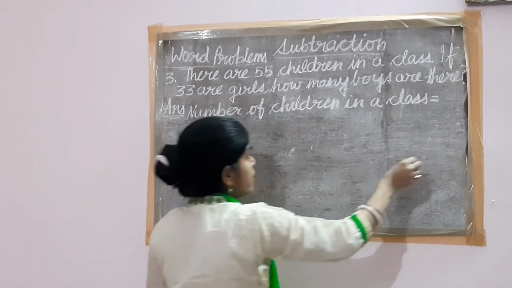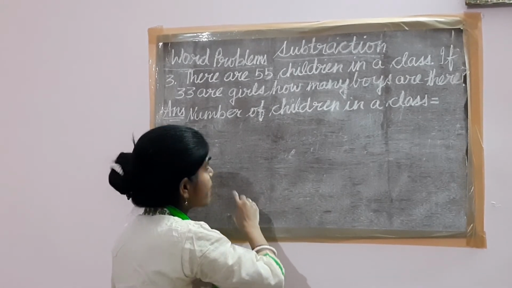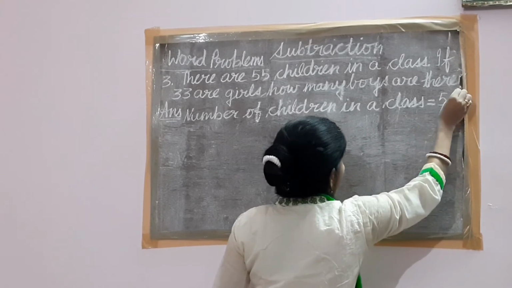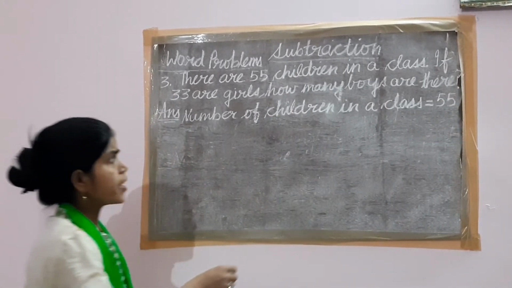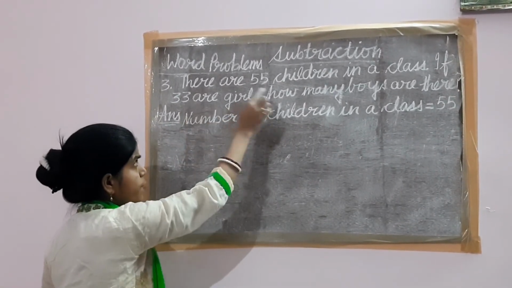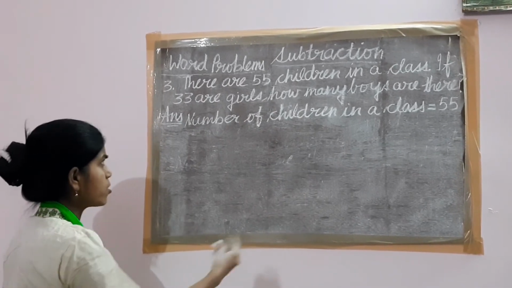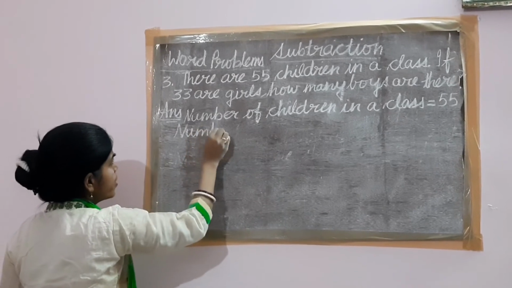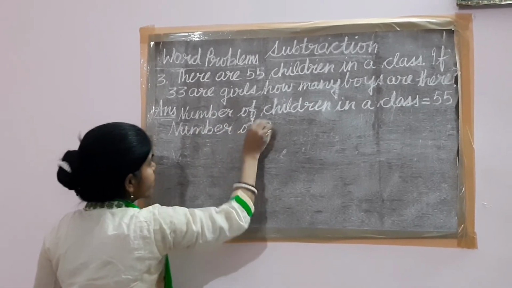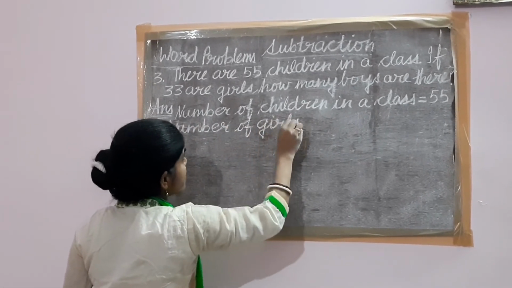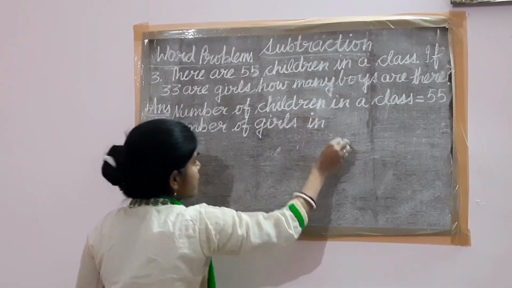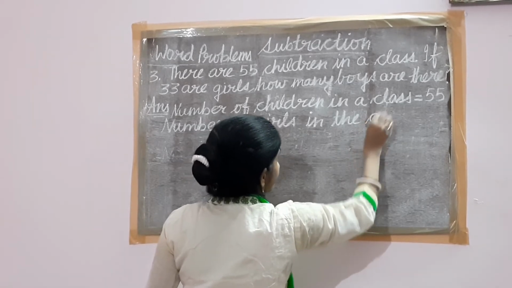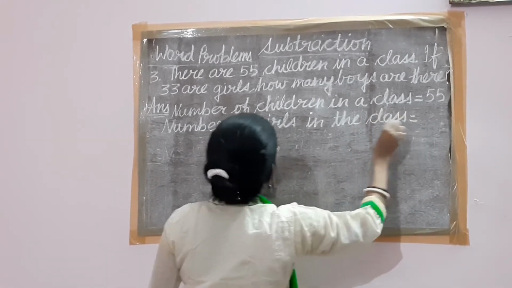First statement is number of children in a class. This information is given here. Total number of children in a class. Then the number of girls is given. The second information we will also write in statement form. Number of girls in the class.